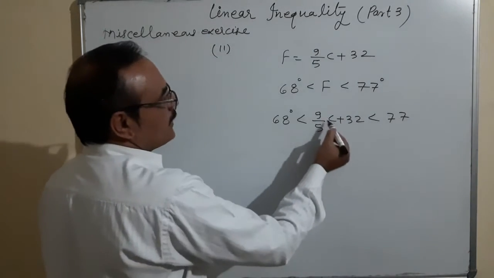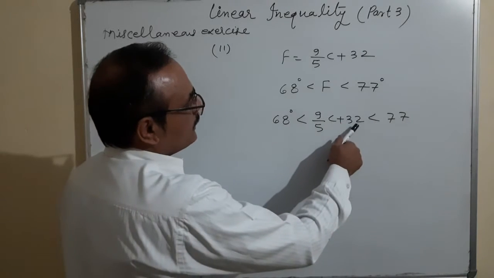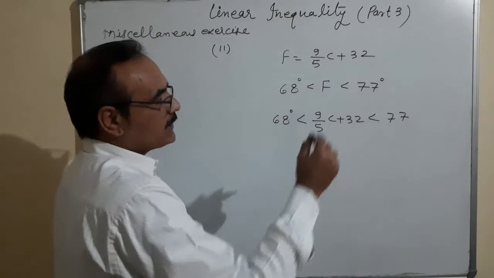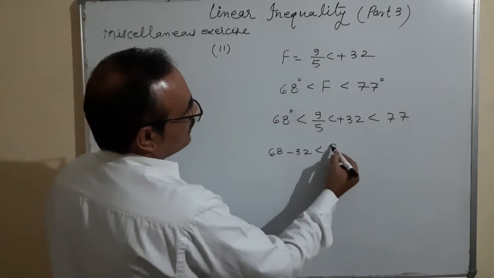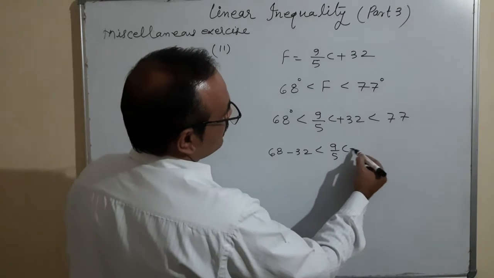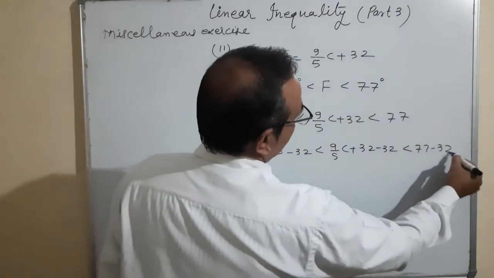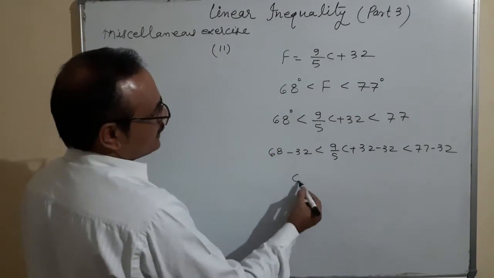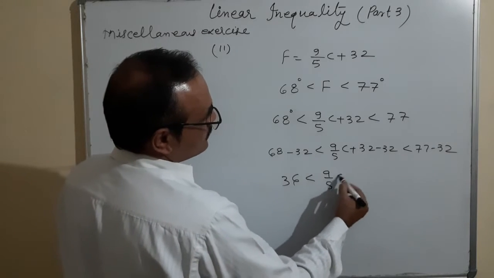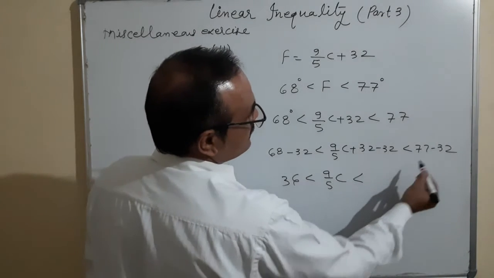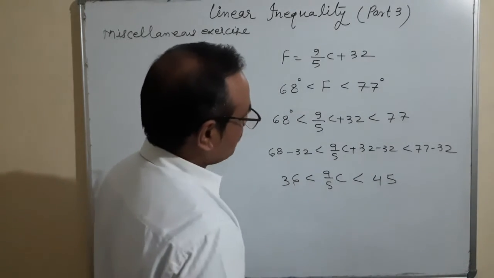We are finding the range of C. First we have to eliminate this 32, so subtract 32 from both sides. 68 minus 32 is less than 9 upon 5 C, which is less than 77 minus 32. 68 minus 32 is 36, and 77 minus 32 is 45.